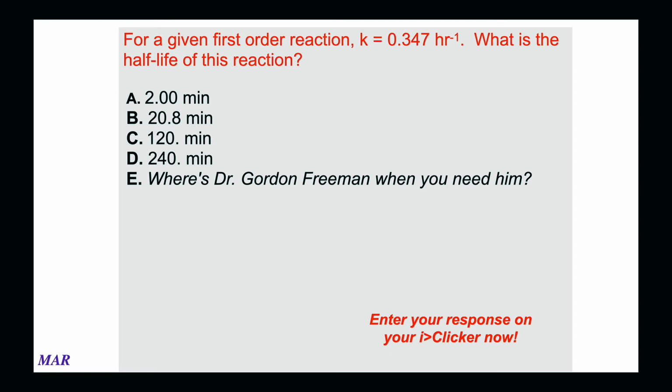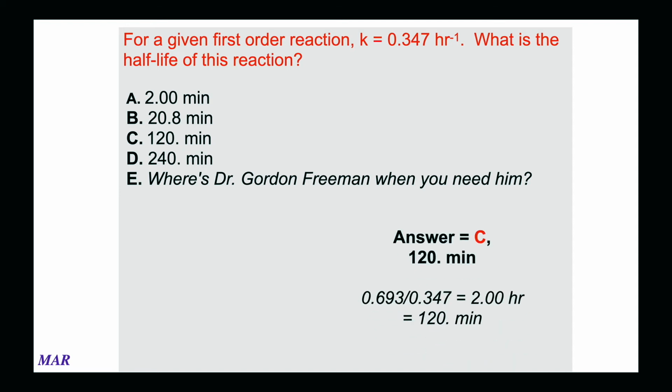And from hours, I have to convert it to make sense of the answers. I have to convert hours into minutes, so I'm going to need to multiply by 60. If you do the math, 0.693 divided by 0.347 comes out to be 2.00, but it's 2.00 hours because k was in inverse hours. So 2 hours times 60 minutes per hour, 120 minutes.